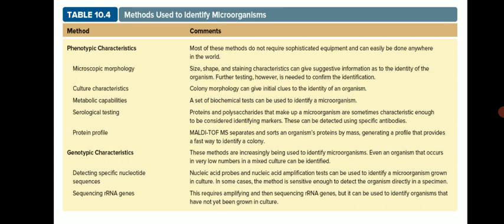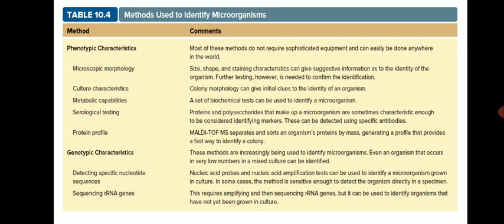characteristics can give suggestive information which is helpful in identification of a particular microorganism, and further testing, however, is needed to confirm the identification. So microscopic methods are the primary; we get a primary clue by examining microscopic morphology, and we get details regarding size of bacteria, then shape and arrangement of cells.